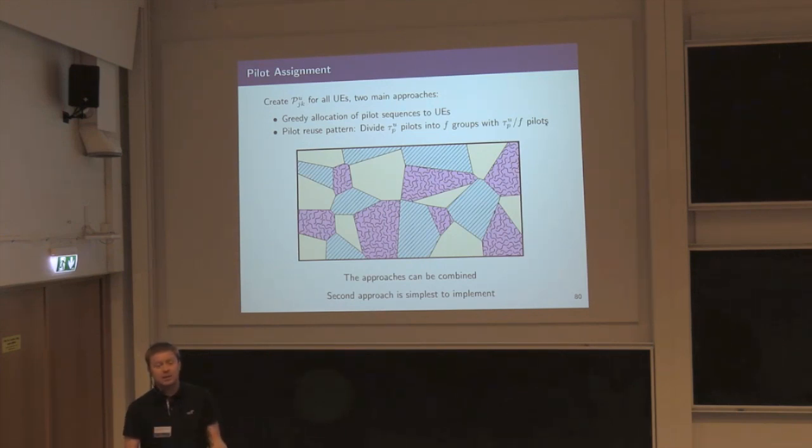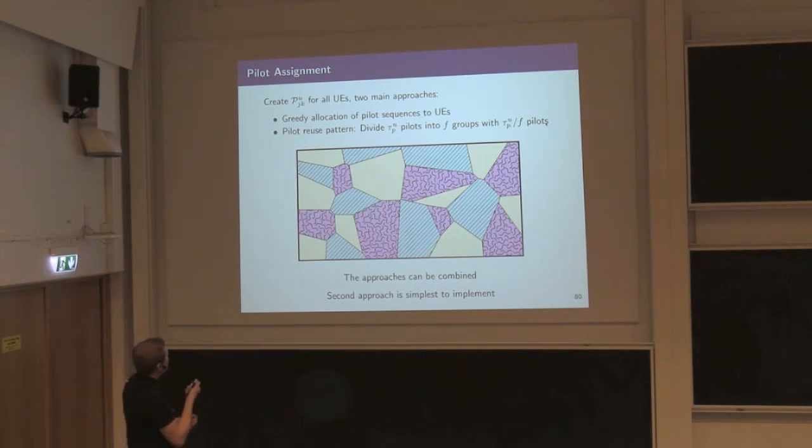So therefore you can find people in literature that try to do that in a greedy manner, for example. And the other option is to do this pilot reuse factor, where you take your tau_p pilots, divide them into F groups, and then you have tau_p divided by F pilots in each group. And here is then, in a non-regular setup, how you could potentially create the different groups.